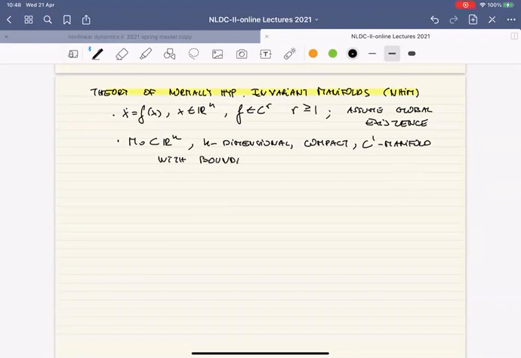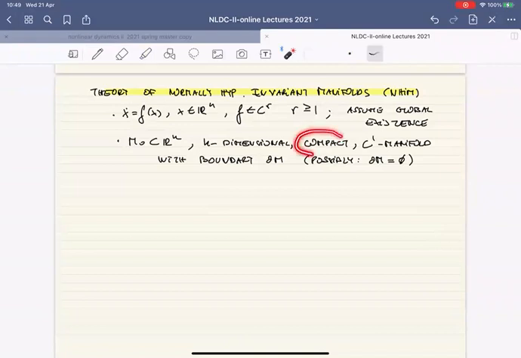Mind you, that includes the case when the boundary is empty, but it's not a restriction. But when the boundary is empty, I'm still maintaining that the manifold has to be compact, okay?